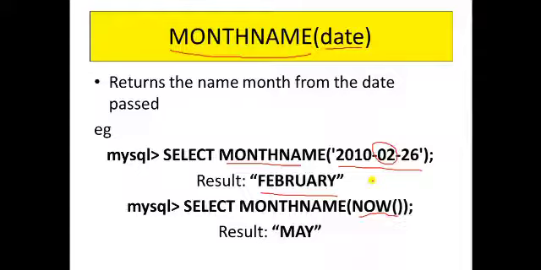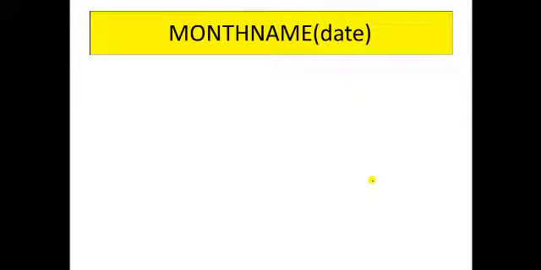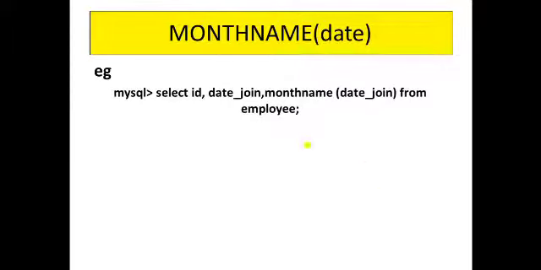The monthname function will return the month name from the date and time value passed as parameter. Now with reference to the table, I'm talking about the employee table in this. This query is used to extract ID, date of joining, and the month name from the date of joining.